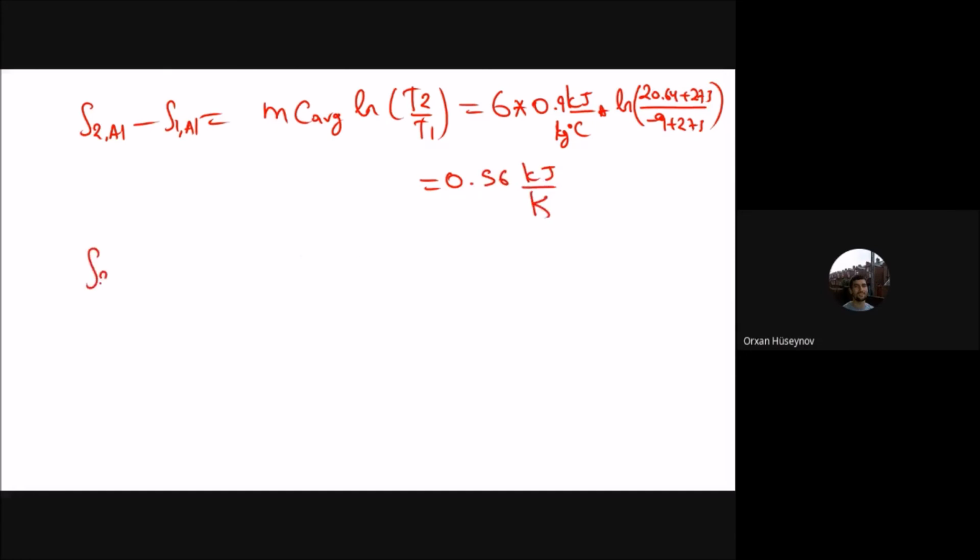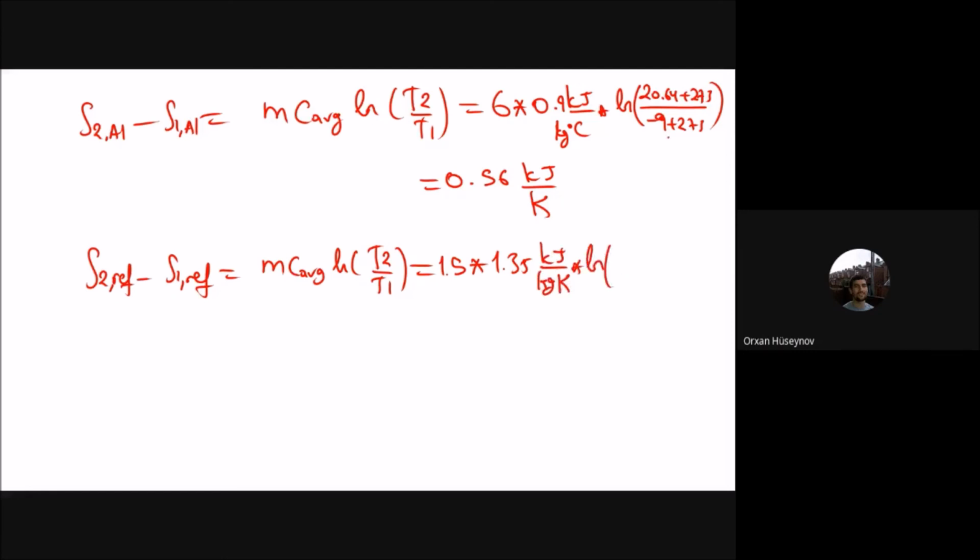Now, similarly, for the refrigerant, I will write S2 minus S1 of refrigerant. It will be m C average ln T2 by T1. That will be equal to the mass of refrigerant, 1.5 kilograms, multiplied with its specific heat constant, 1.35 kilojoules per kilogram Kelvin, and multiplied with the same equation here, which is 20.64 plus 273 divided by -9 plus 273.